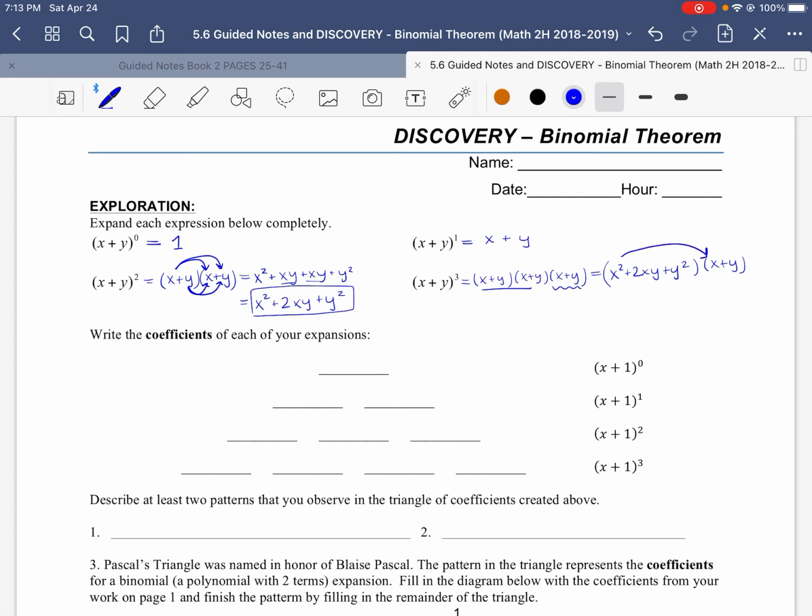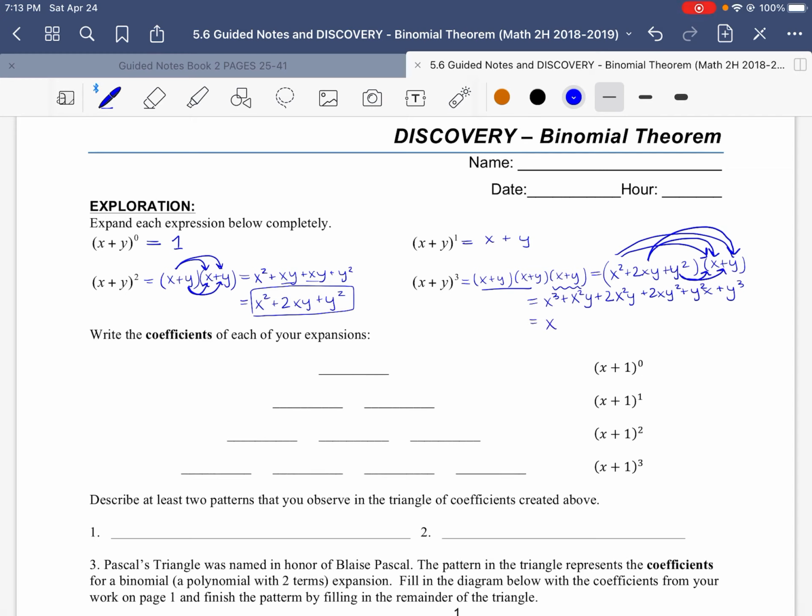So we're going to distribute here, and I'm going to get x cubed, x squared times y. Then I distribute the 2xy, so that's going to give me 2x squared y. And then I multiply the 2xy by the y, so something similar, but 2x, and then y times y, so y squared. Then we have this last term to distribute, so y squared times x, or xy squared, and y squared times y would be y cubed.